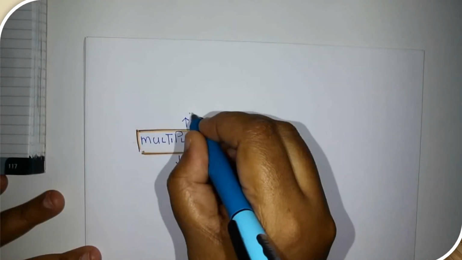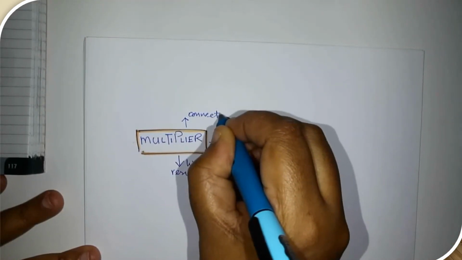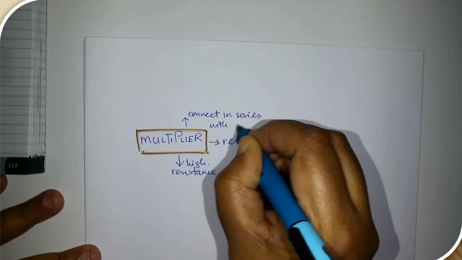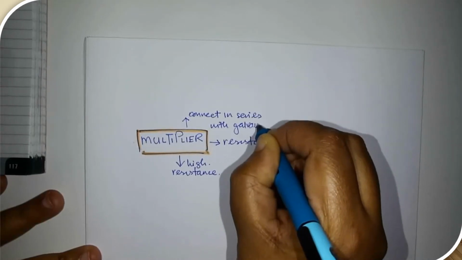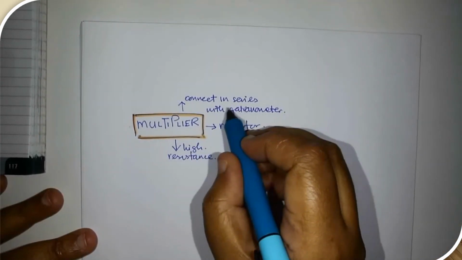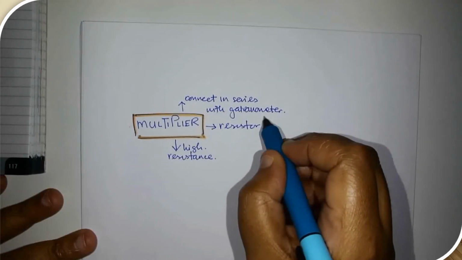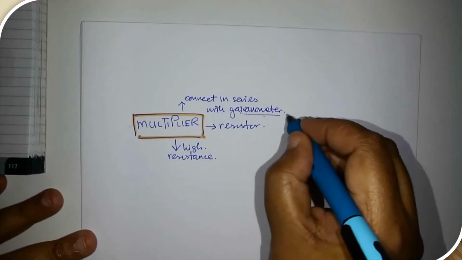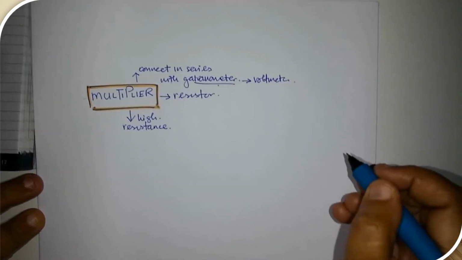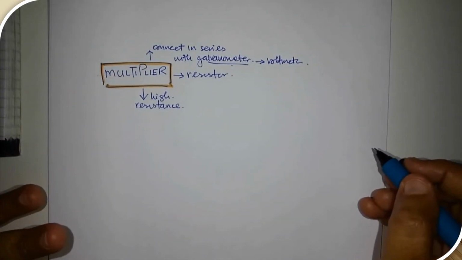You must connect it in series with the galvanometer. And if you connect it in series with a galvanometer, the galvanometer can be converted into a voltmeter.